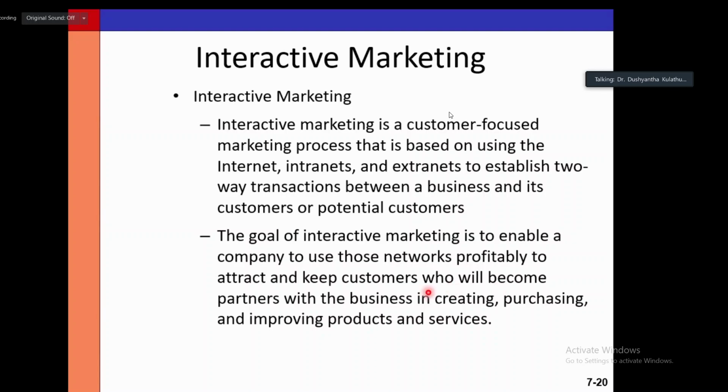We can also get customers involved in purchasing and improving our products. These activities become much easier when we are connected to our customers directly and have individual interactions with them.